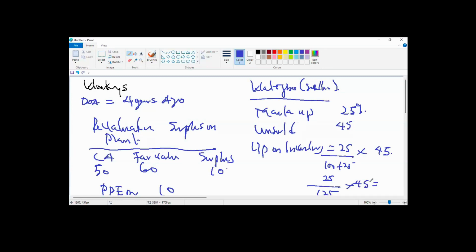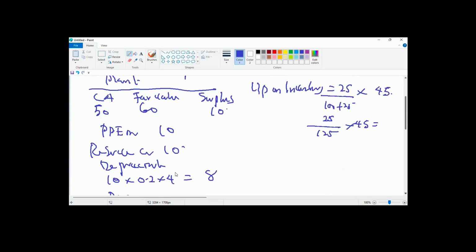Any issue? What does it give us? 9. What do I do to the 9? Seller.